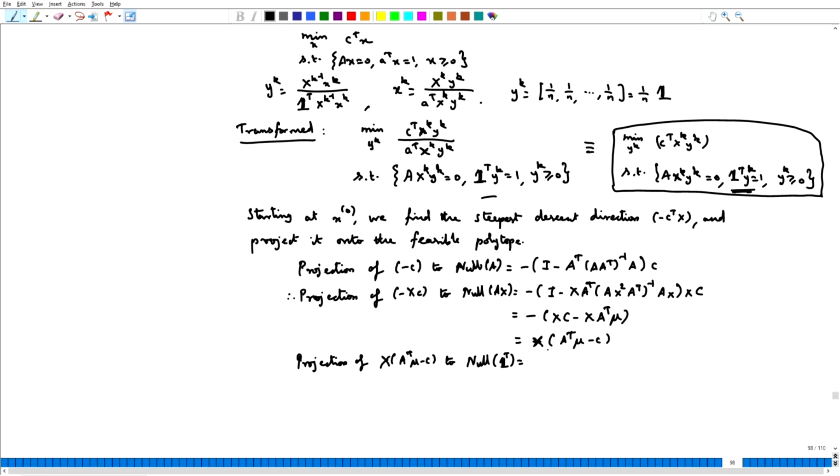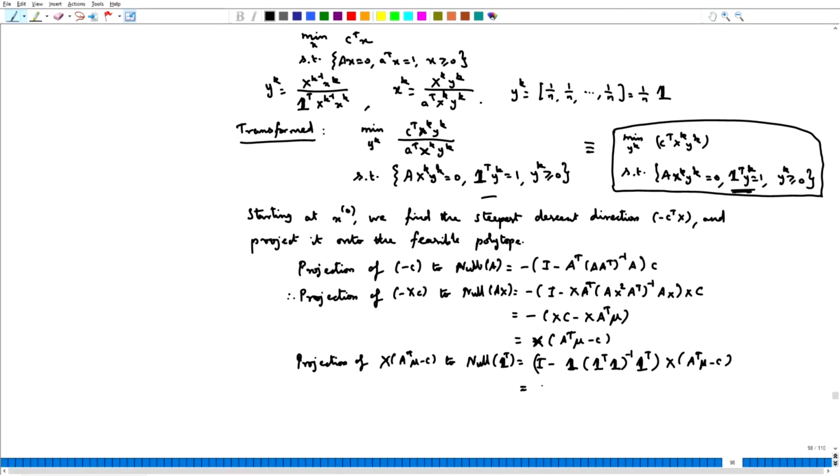So, what should this be? This should be I minus 1 into 1 transpose 1 inverse 1 transpose into x into A transpose mu minus c, right. But what is 1 transpose 1? That is actually n, right. Because 1 transpose is a row vector of ones, 1 1 1 1 1, you have n ones here, and 1 is the column vector of ones.